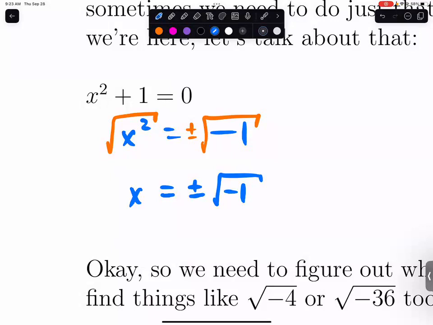So there's an answer. It's just not a real number, right? To deal with stuff like this, we have to extend our notion of what it means to be a number, what it means to count. Because there's no real number that I can square and get -1 back, right?